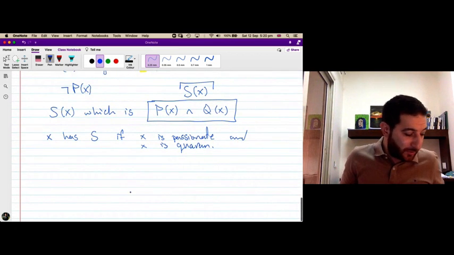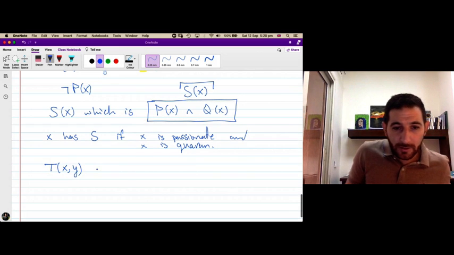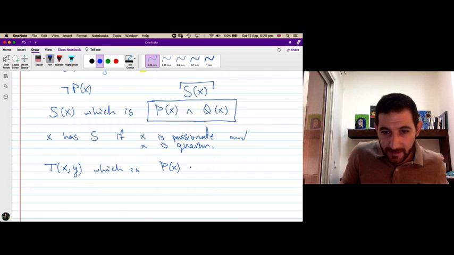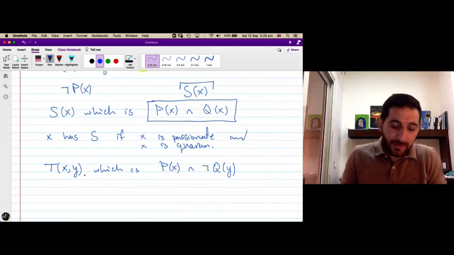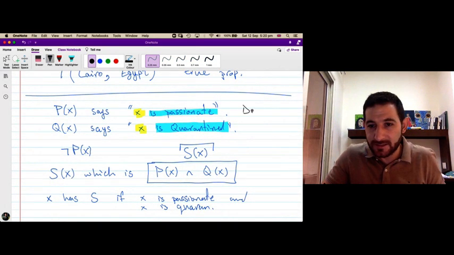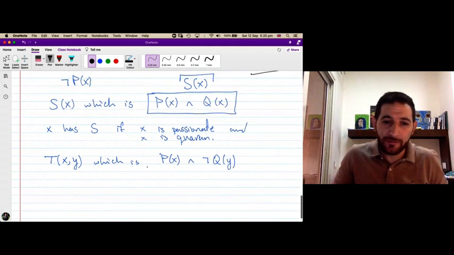For example, look at this binary predicate T of x, y, which is the conjunction P of x and not Q of y. Let me tell you, I forgot to say that the domain of x here is all people, say. So we're talking about people. We can substitute people for the variables.